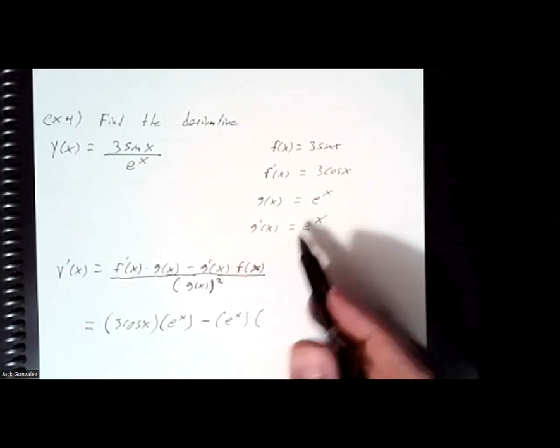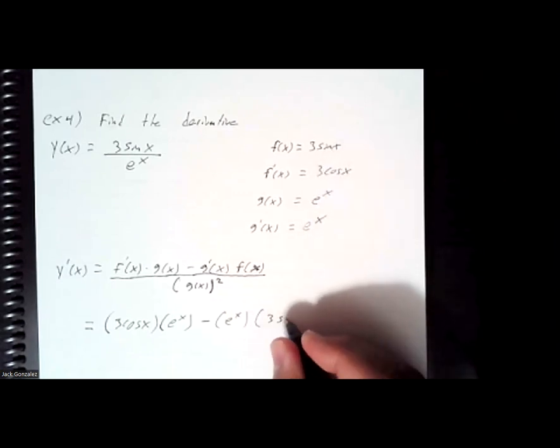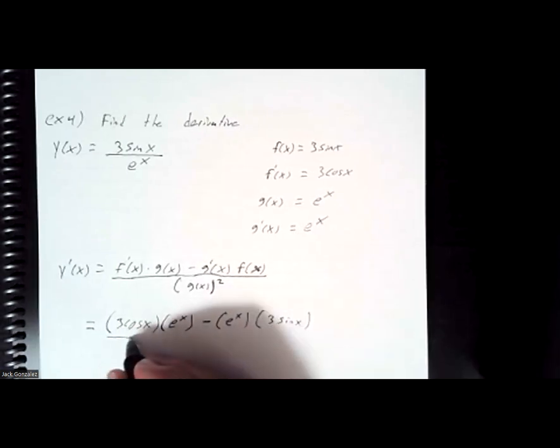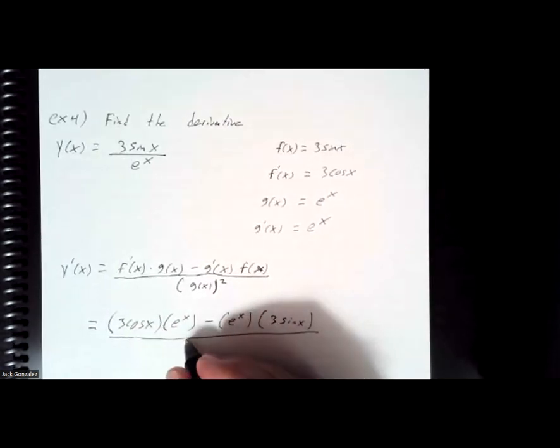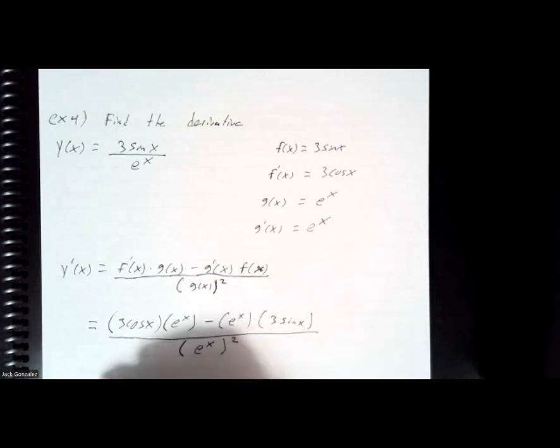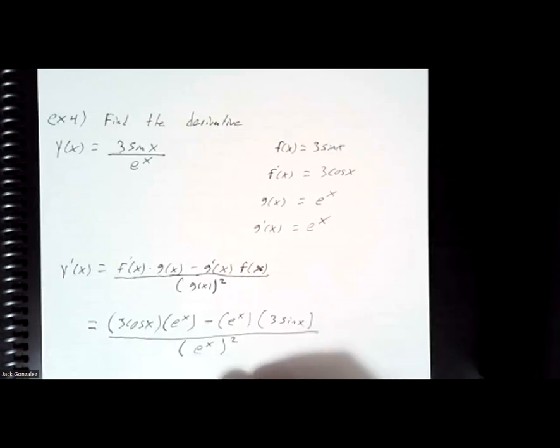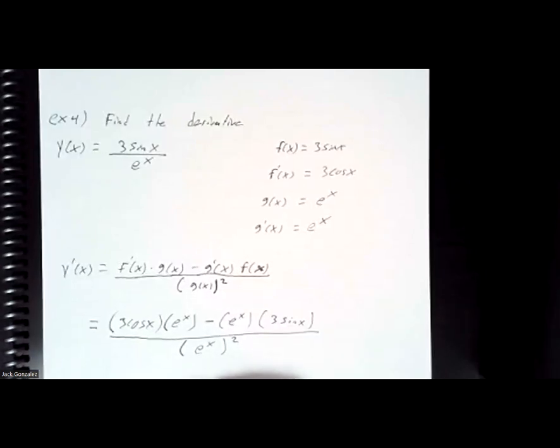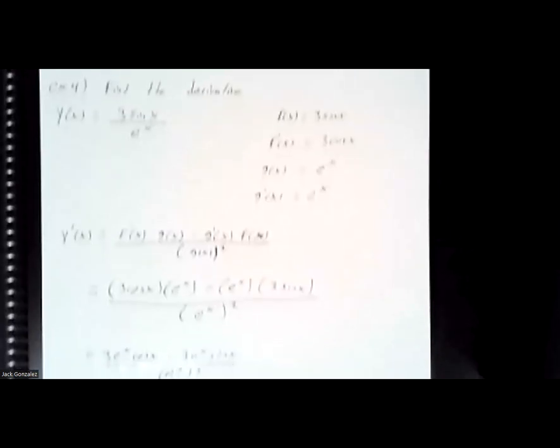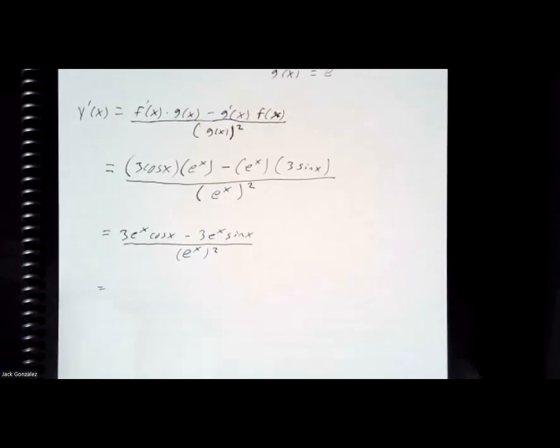Okay, f. There it is. So this will become 3x cosine x minus 3x sine x over x squared. At this point, we could factor 3x and cancel one of these, right?